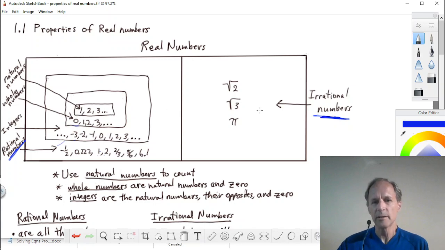The irrational numbers, or the other category of real numbers, cannot be written as fractions. Here are some examples. √2, √3, pi. It seems a little odd, a little mind-blowing to me. It always did, especially when I first learned this, that there are numbers that can't be written as a fraction.